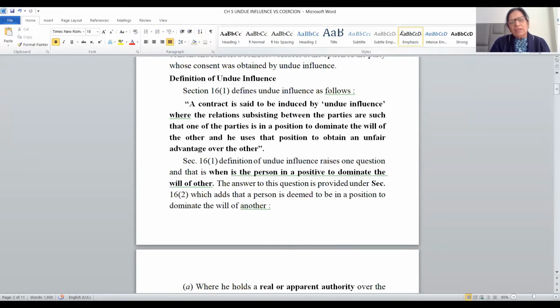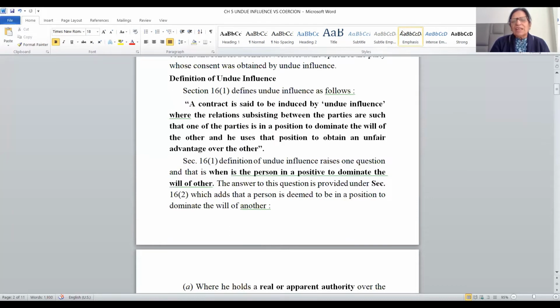So friends, there are two very important points from this definition. The relationship subsisting between the parties is such that one of the parties can dominate the will of the other. And not only that, he also uses that position to obtain an unfair advantage over the other.